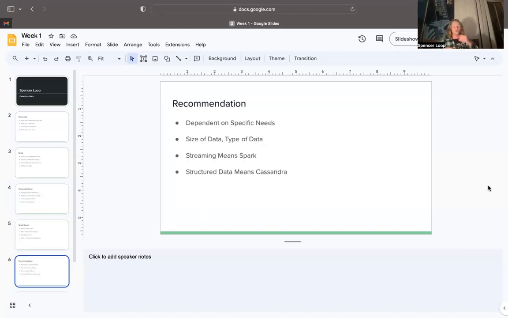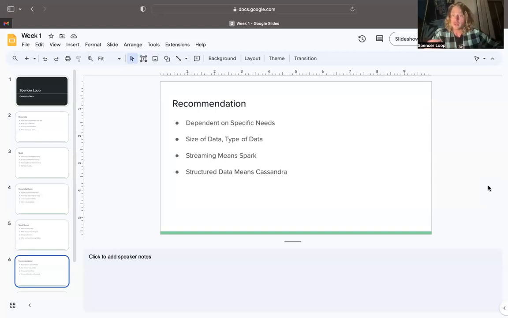And if I were to recommend Cassandra or Spark or the other, that's tough, right? I kind of spoke to how they became a lot more similar than I ever thought when I just looked at two different ones and I chose those out of the list. So of course, there's never one perfect answer for everything. It's going to depend on the specific needs, the type of data, and the size of data that you use.